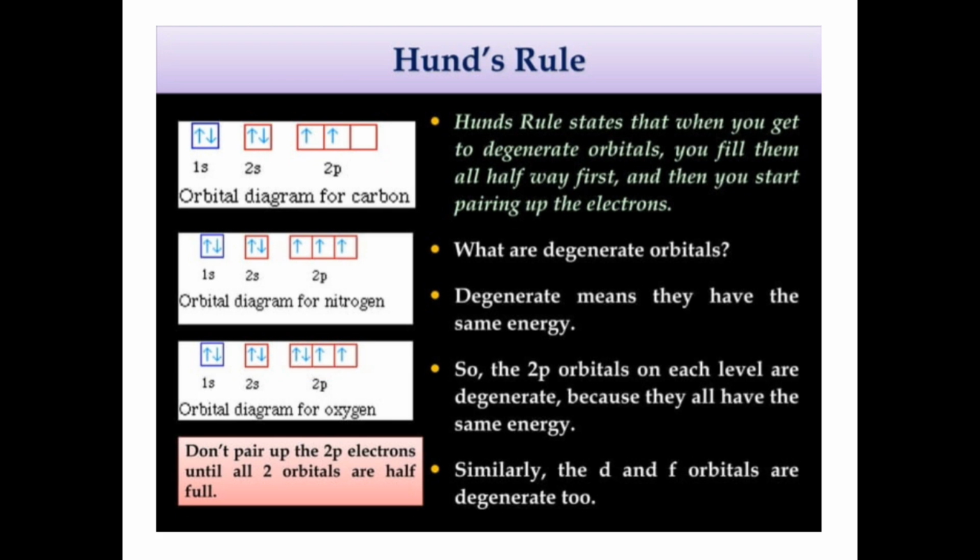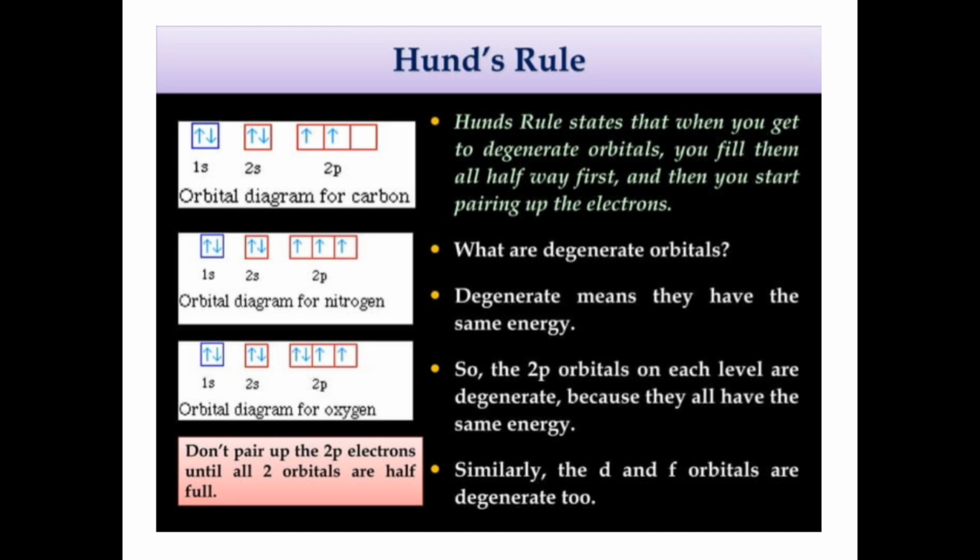So you have to fill them singly first, according to one of these rules that we have mentioned. You fill them singly. Then you double in the opposite direction spin. It's interesting that you have 2p3. That means you have to fill them singly.